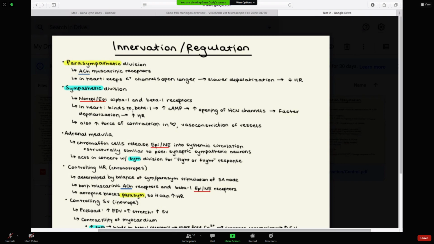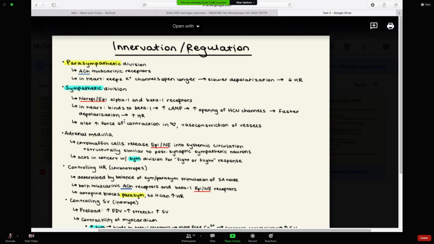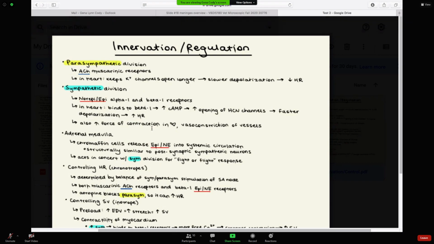The sympathetic innervation, and this is all in the SA node. The sympathetic also can act on the contractile cells to cause the force of contraction to increase. And then it also acts on vessels to cause vasoconstriction, and that's in those non-vital tissues, which we talk about a little bit later, so don't worry.